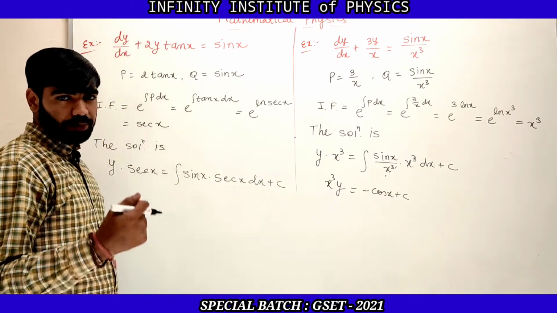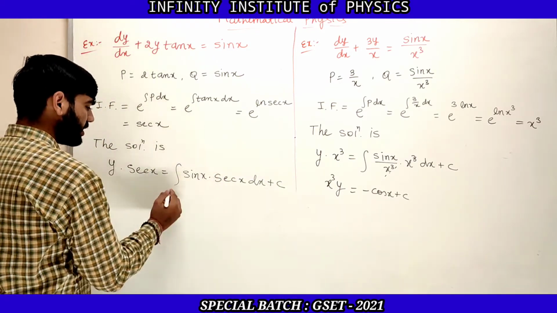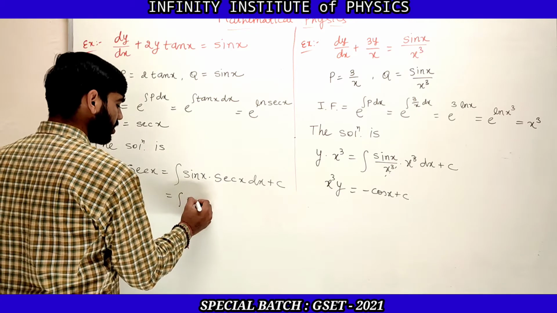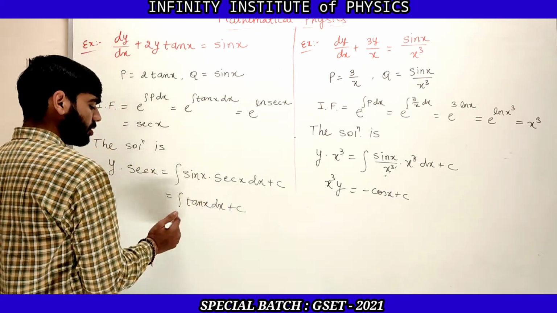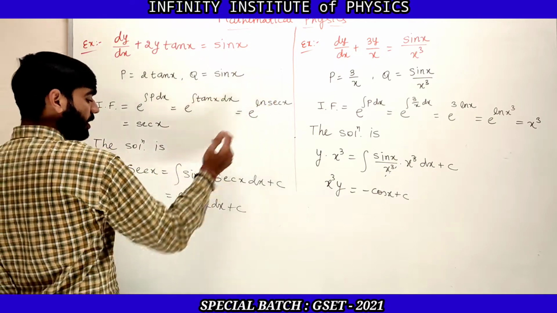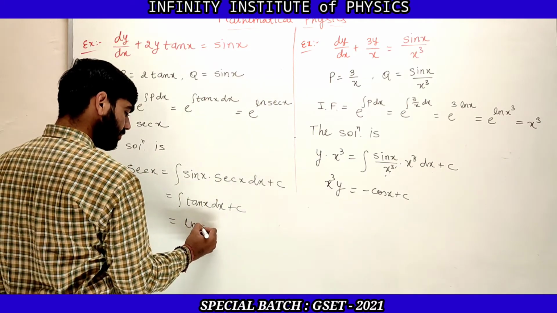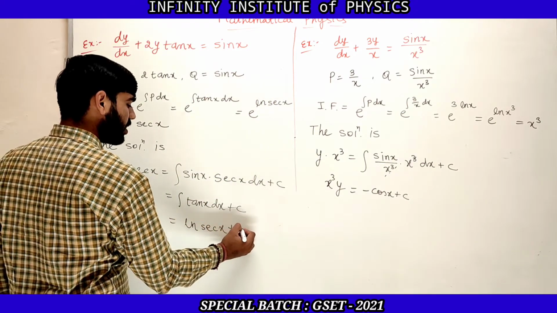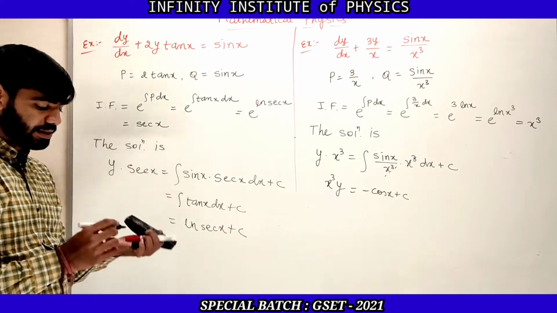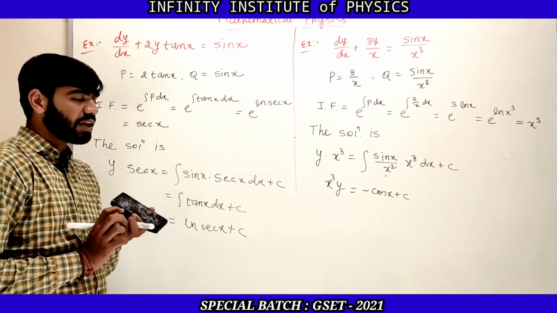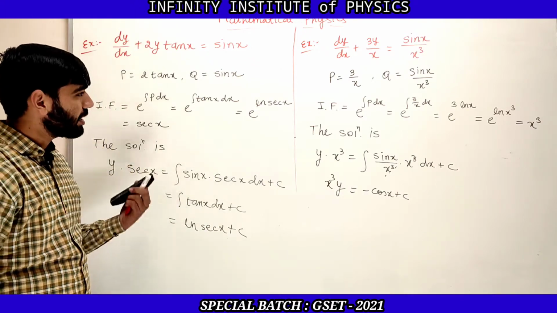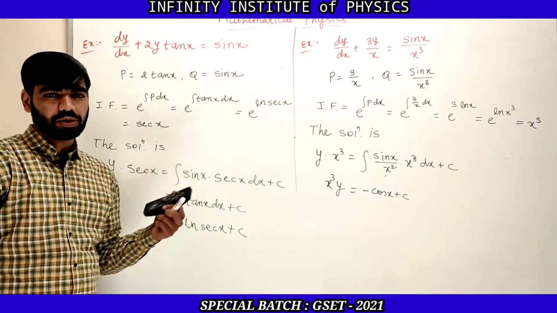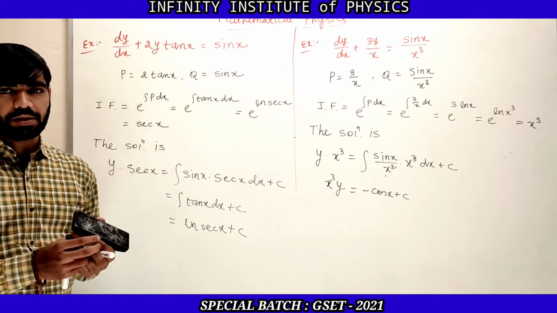Now sec, that is 1 upon cos, and sin upon cos, that is tan, so it is integration of tan x dx plus c, and integration of tan, that is again we have log of sec x plus c, and this is the solution of given differential equation. So this is how you can calculate examples related to that linear differential equation.